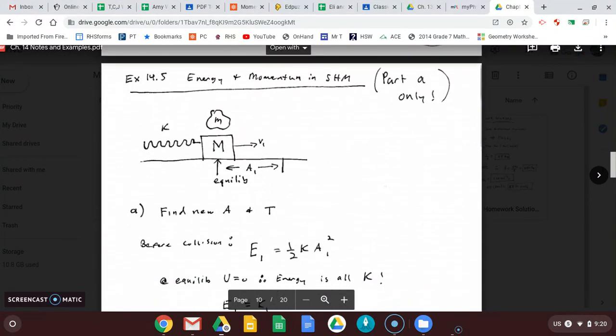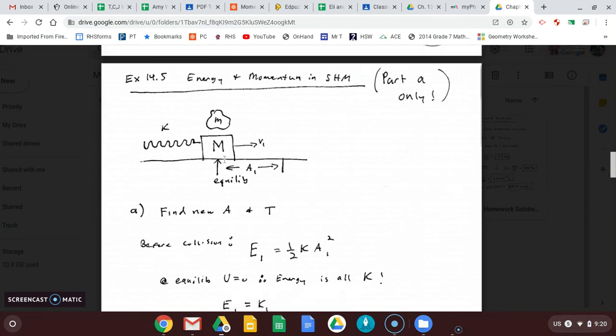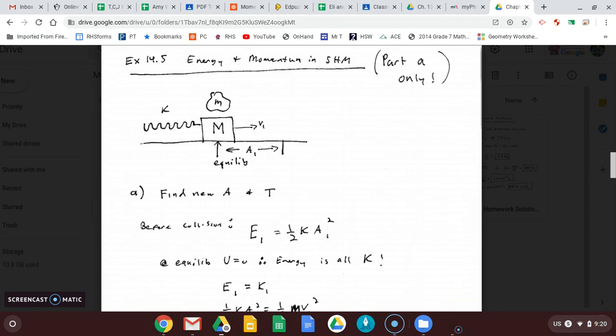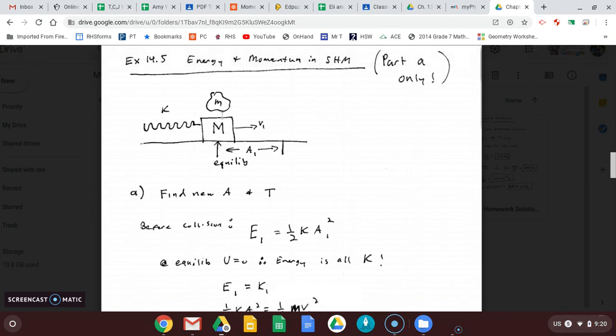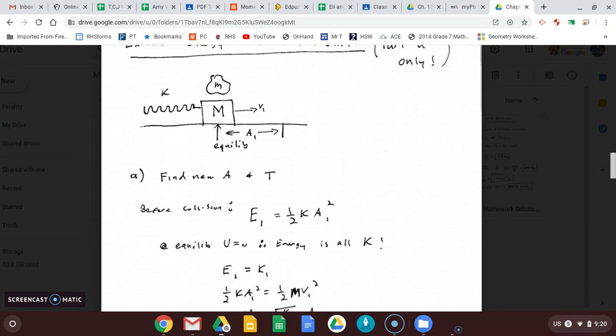So in part A, here's the same diagram that was in your textbook. We're going to first focus on what the energy is before the collision. At that equilibrium position, before the putty actually strikes, it happens quickly, so everything's at the equilibrium position. From the energy formula in this section, we can say that the total mechanical energy is 1/2 K times A sub 1, the defined amplitude, squared.